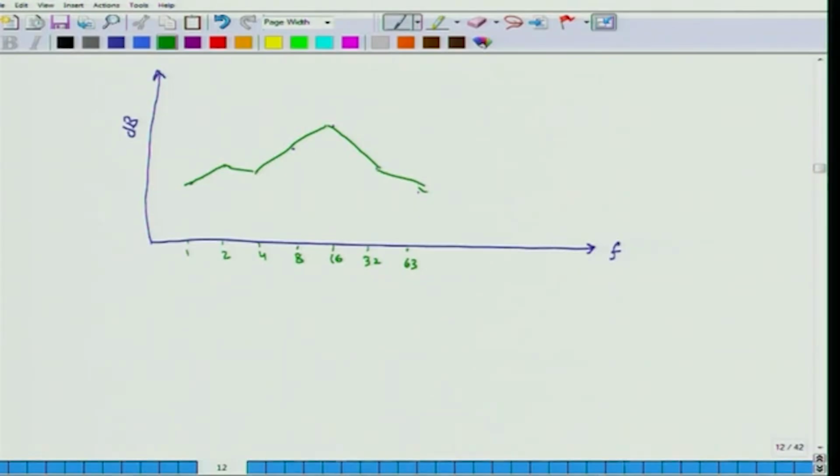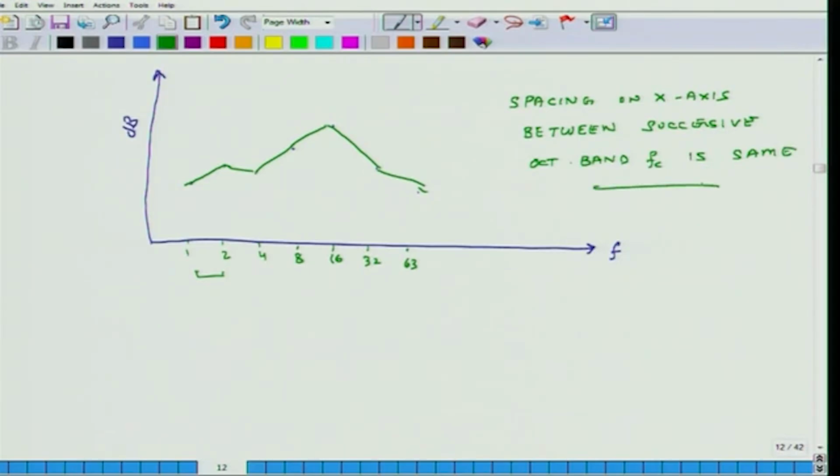Okay. A couple of things when you are making this kind of graph. Look at the spacing between different center frequencies. Spacing on the x-axis between successive octave band central frequencies is the same.